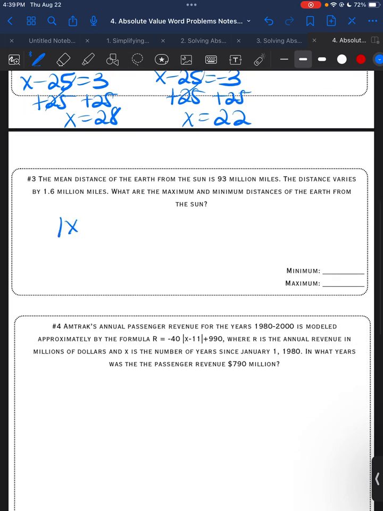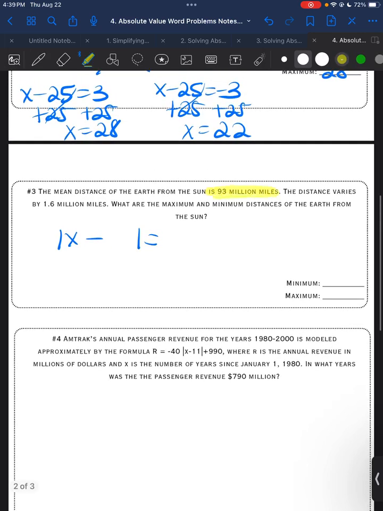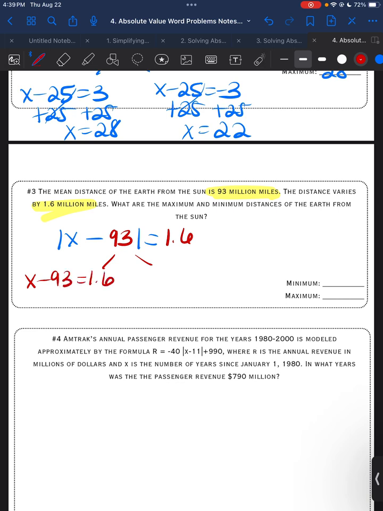Then we have number 3. Keywords are 93 million miles and then 1.6. So 93 goes on the inside. You don't have to put all the zeros. And then 1.6 is going to be on the outside. We split it. And then we're going to do plus 93.